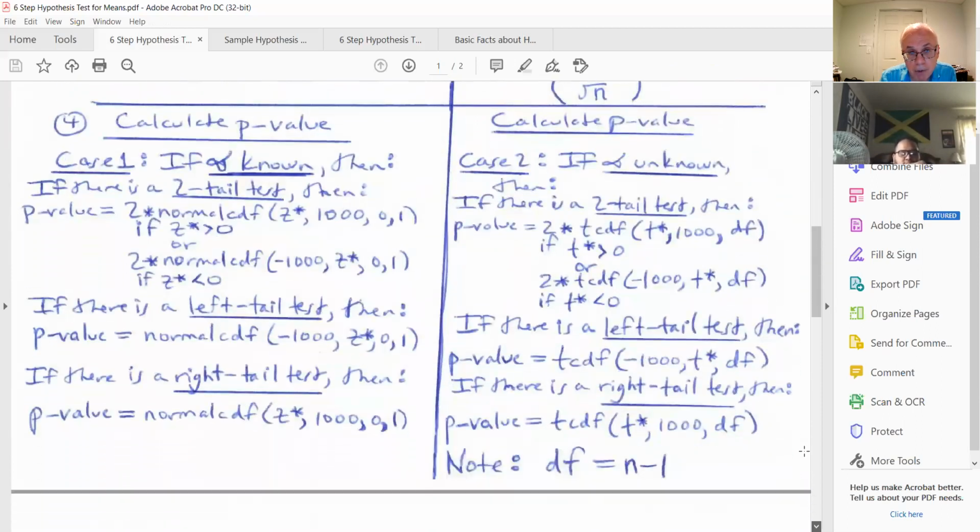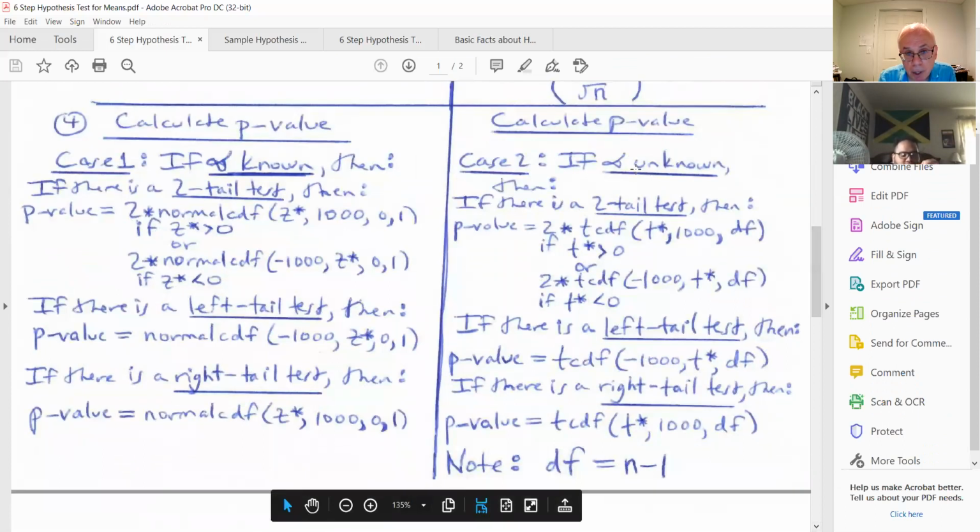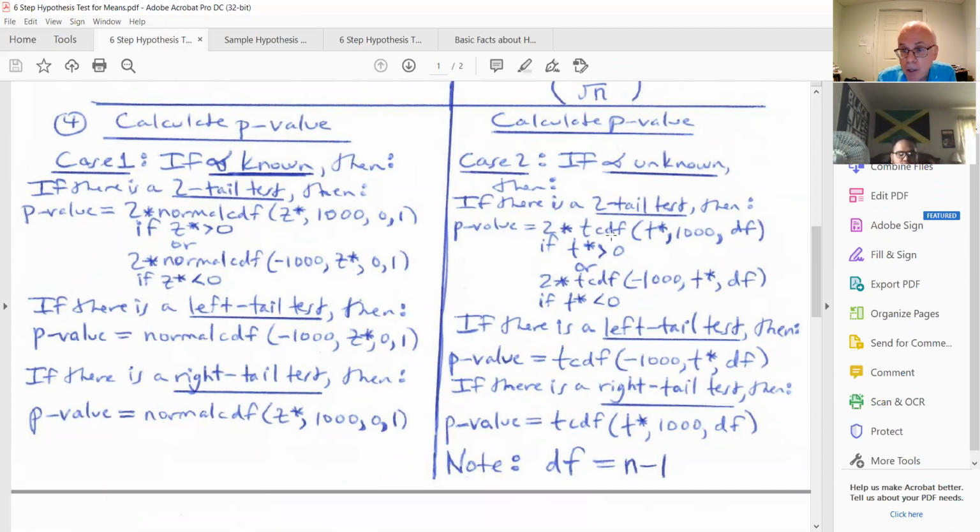Now, suppose the population standard deviation is unknown, then you've calculated a t statistic. And then again, the same thing. If it's a 2-tail test, p-value is 2 times. And in this case, you're not going to use normal CDF. You're going to use t-CDF.